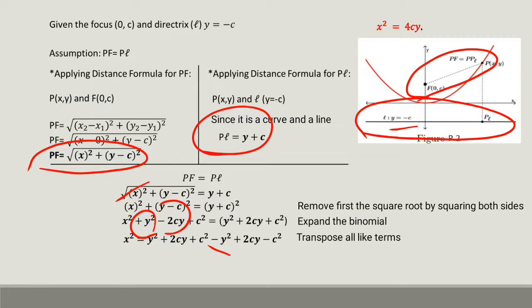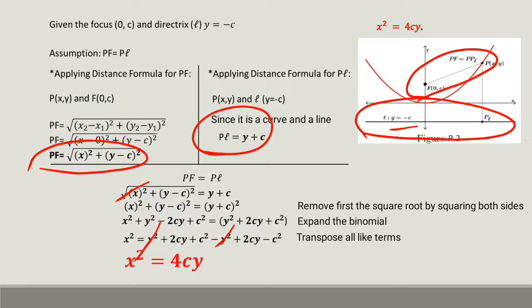Pag tinranspose natin ang negative 2cy, magiging positive 2cy. Pag tinranspose natin ang positive c squared, magiging negative c squared. So, upon pagtatranspose natin, mapapansin natin na pwede na tayong mag-cancel. Then, pag kinancel natin yan, meron tayong y squared.